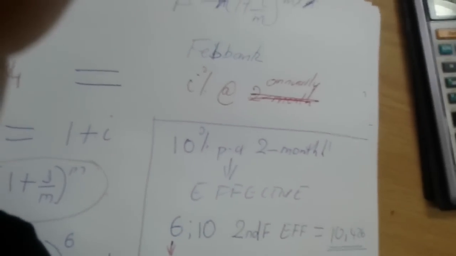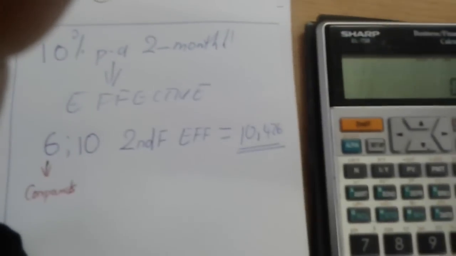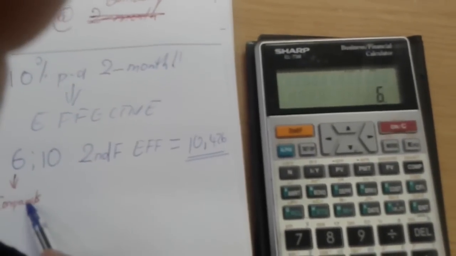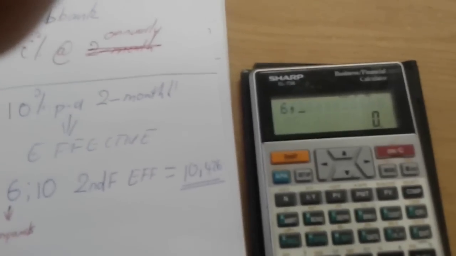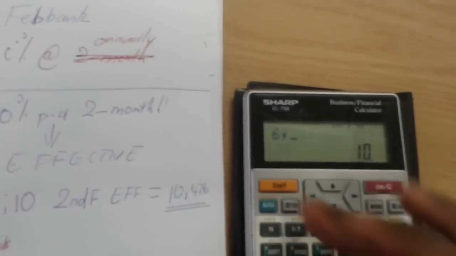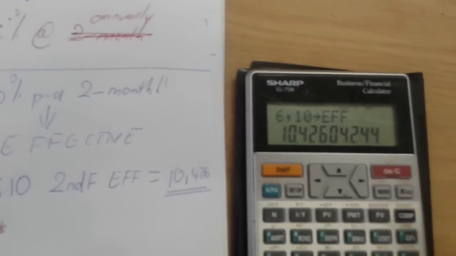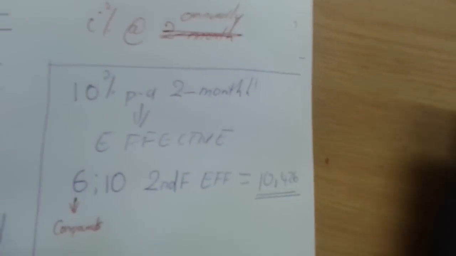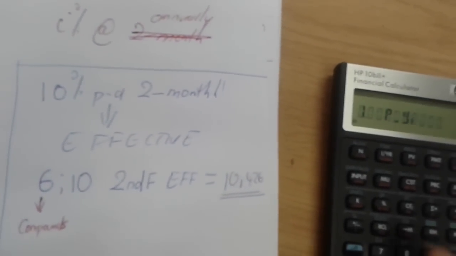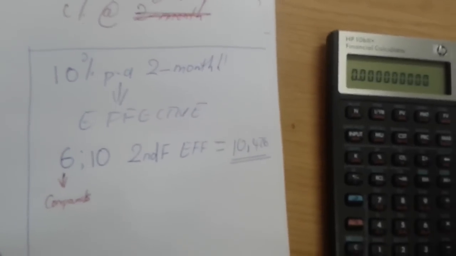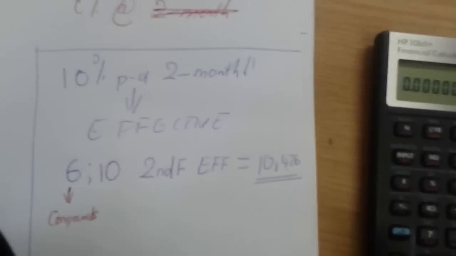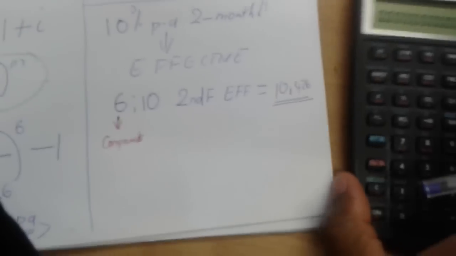Now for the last time, 6. Why 6? Because there are 6 compounds, XY, and then 10, then second function, EFF. Get your answer. Now I'm going to show you with the calculator. With this one you have to set it. This is the only time you are forced to set.